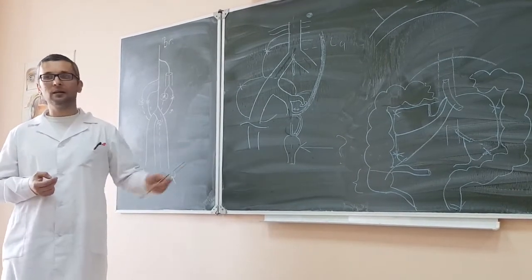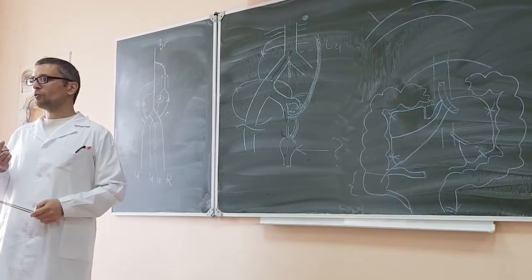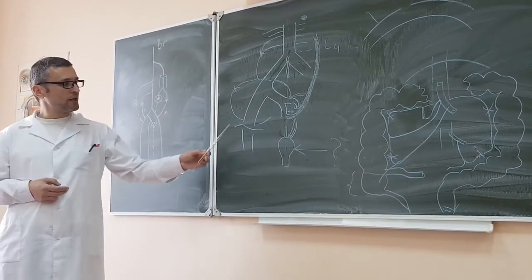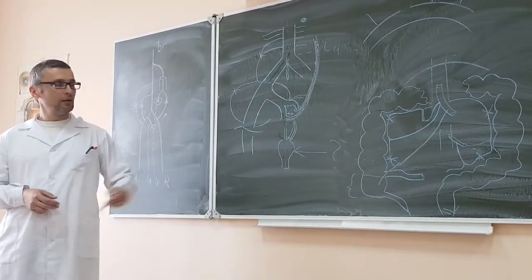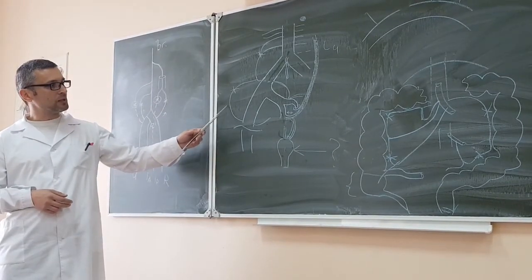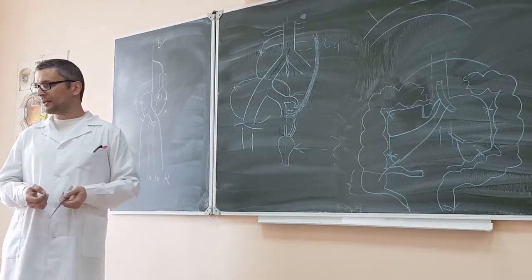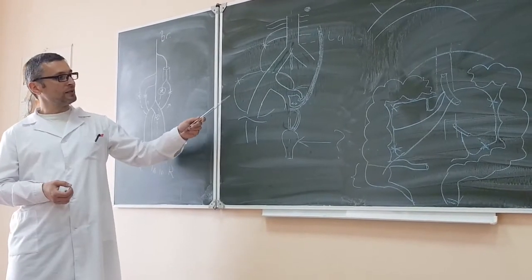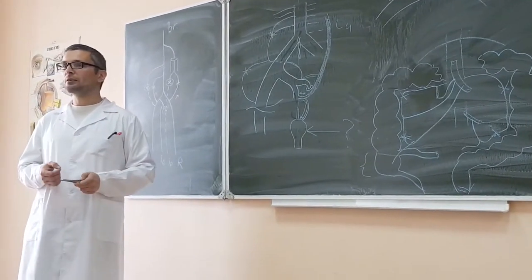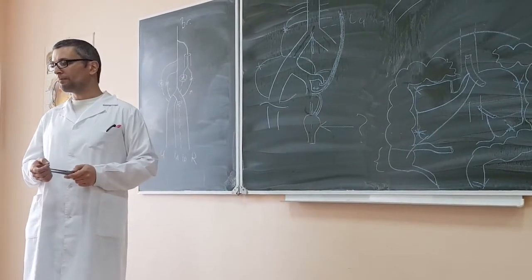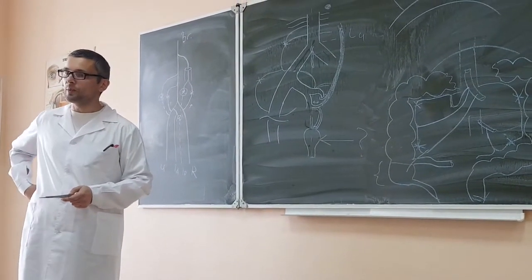Arteria iliaca externa gives just two branches, and both of them start near the inguinal ligament. Look, one artery goes to the lateral side, another goes to the medial side. Also very easy to identify them. The artery going to the lateral side is called arteria circumflexa ilium profunda, the artery which goes around the iliac crest.